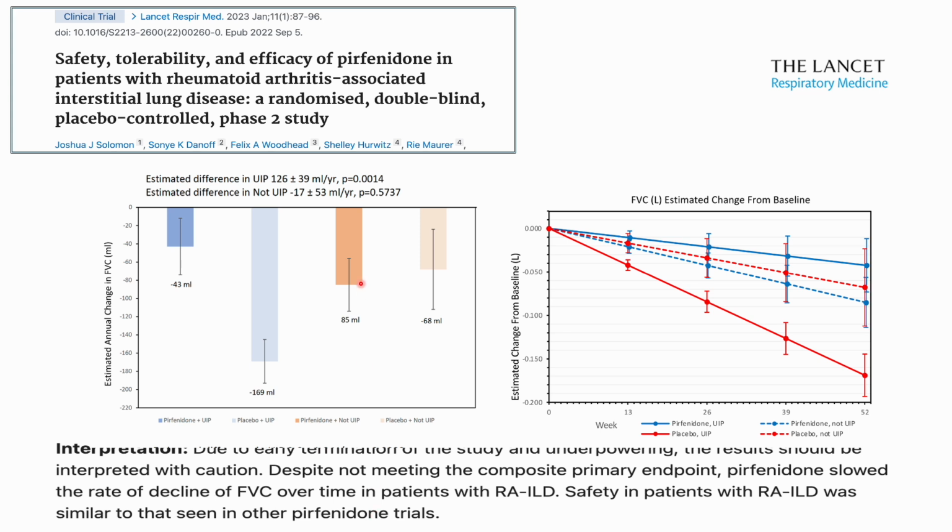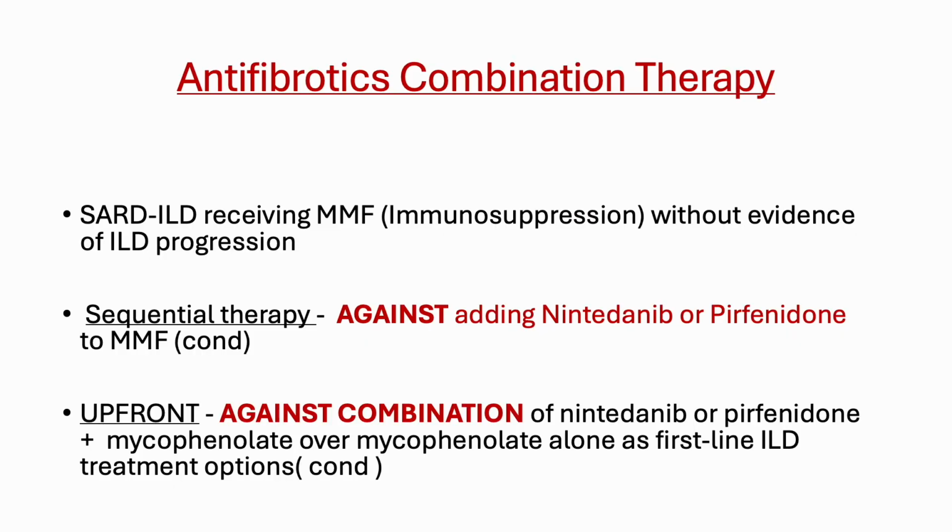So, even in UIP and non-UIP pattern, when pirfenidone was added to the therapy in RA-ILD, the decline in FVC was much reduced, and hence in patients who are worsening on ILD with rheumatoid arthritis, pirfenidone will be our better choice with data specifically for rheumatoid arthritis as compared to nintedanib.